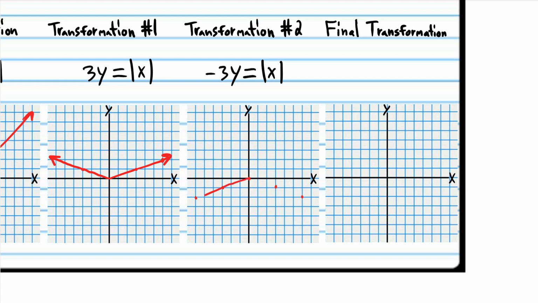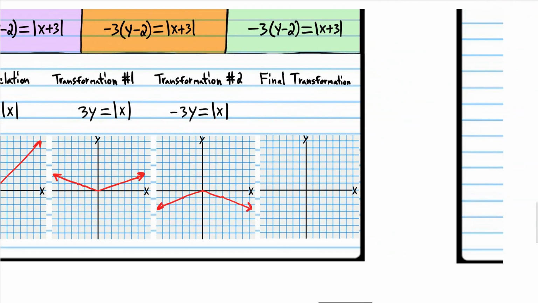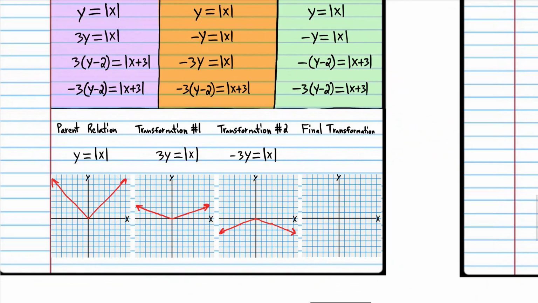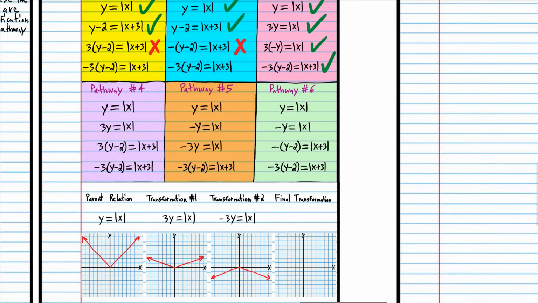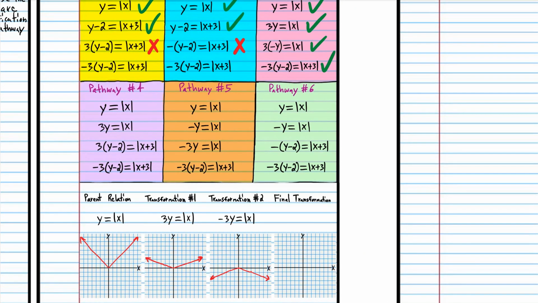And we get the following graph. Because we replaced y with negative y, we're reflecting across the x-axis. And then we're going to replace y with y minus 2 and x with x plus 3.